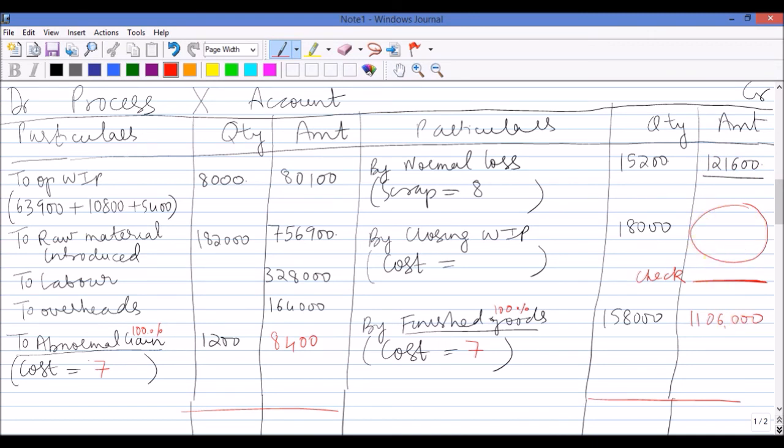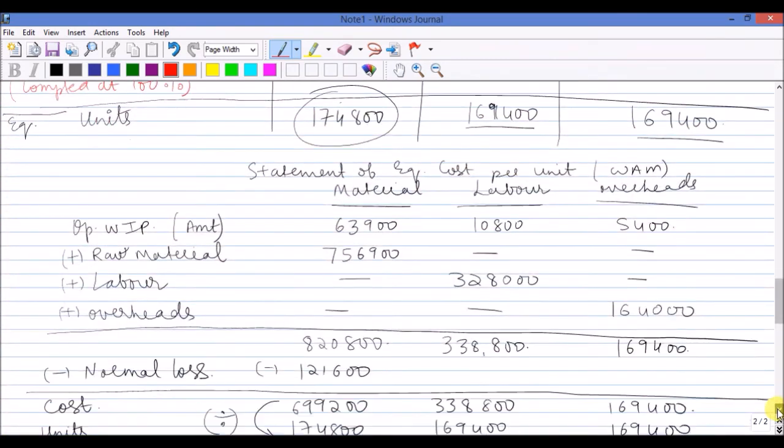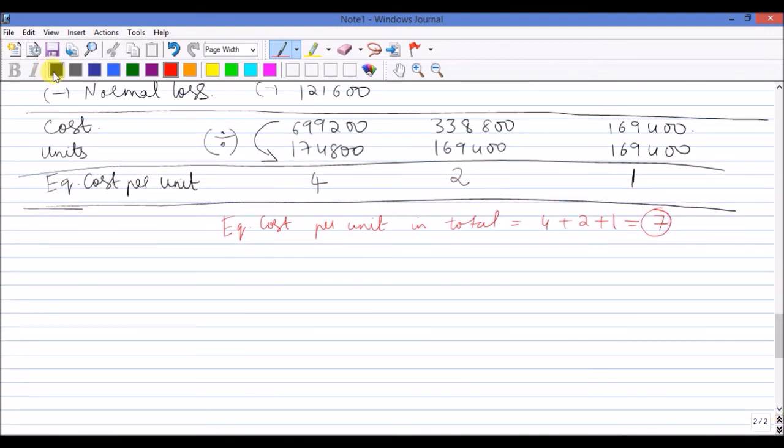So I'm adding 8,100 plus 756,900, 3,28,000, 1,64,000, 8,400 minus 121,600 minus 11,06,000. Okay, so I should get 109,800. Since we have no decimals, I think I will get the answer proper. There would be no rounding off to be done by me.